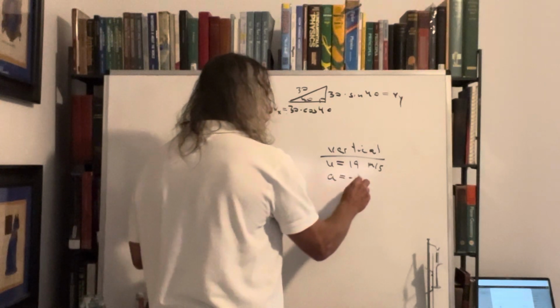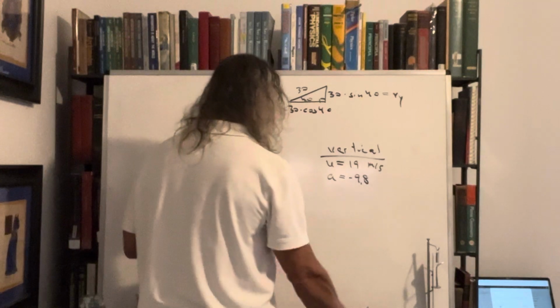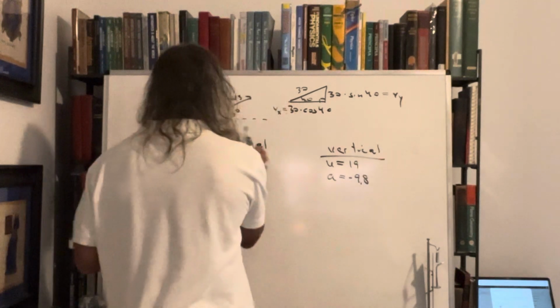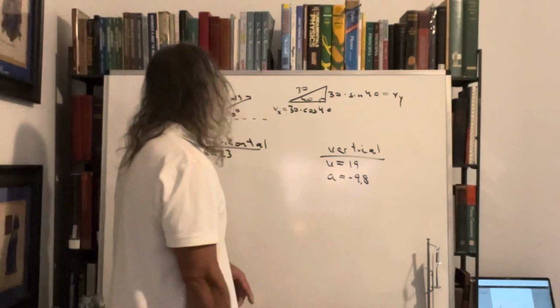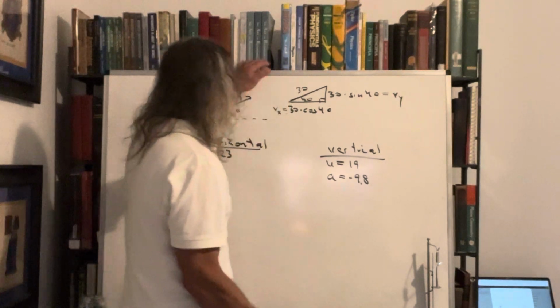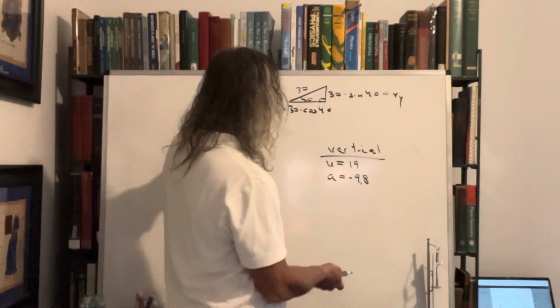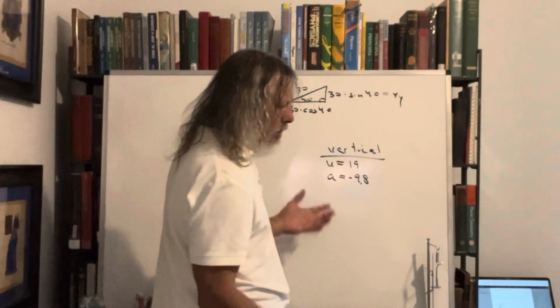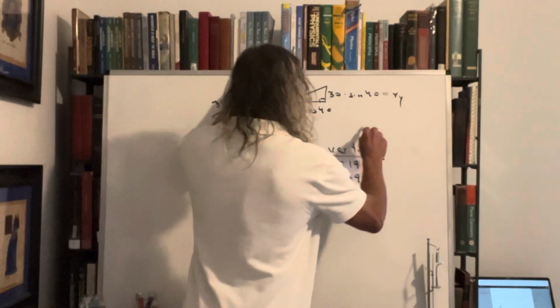We know acceleration, negative 9.8 meters per second squared, because this is up and this is down. And we know we want to find the time. One thing we could do is, okay, it's symmetric.